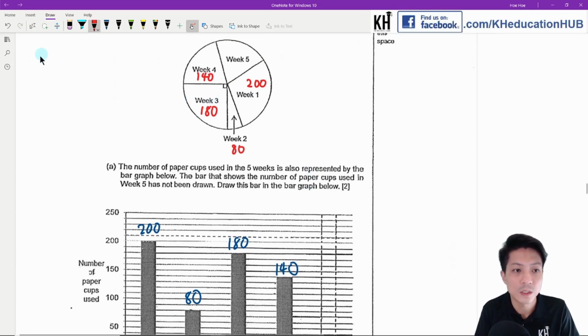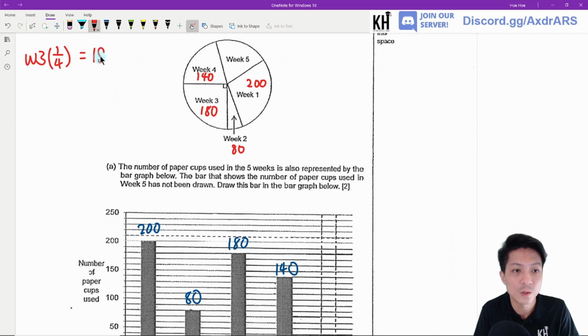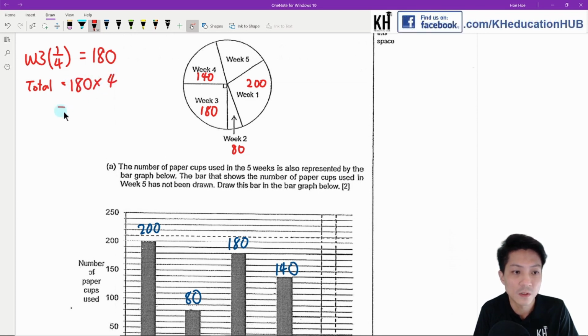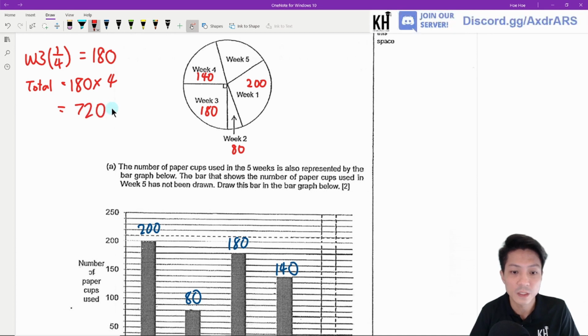Okay, so since week 3 is a quarter, which is equal to 180, the total will be 180 times 4, which is 720.